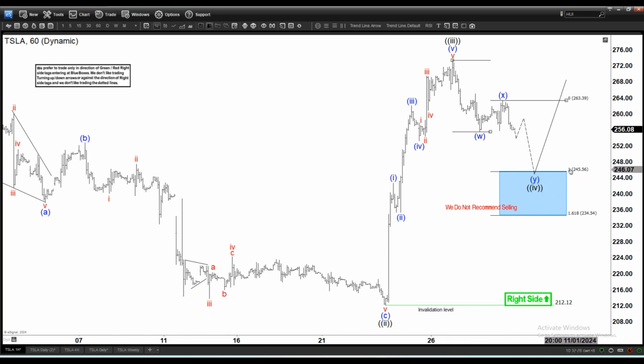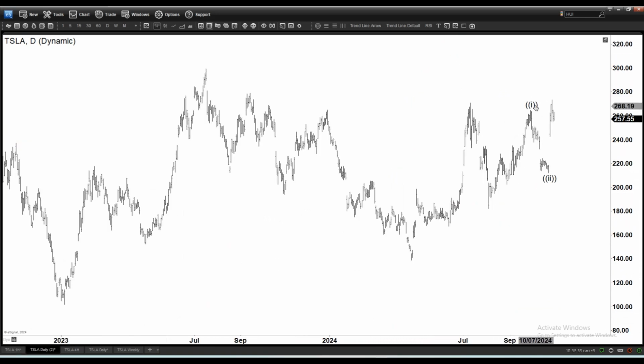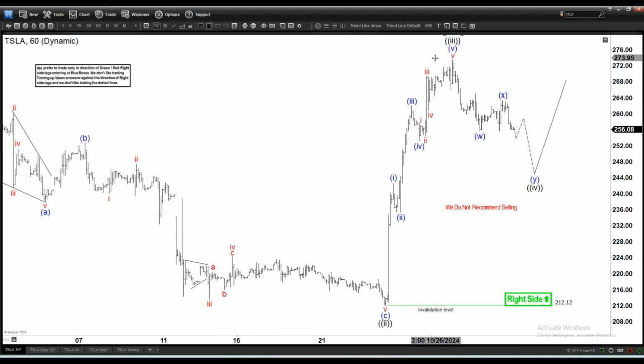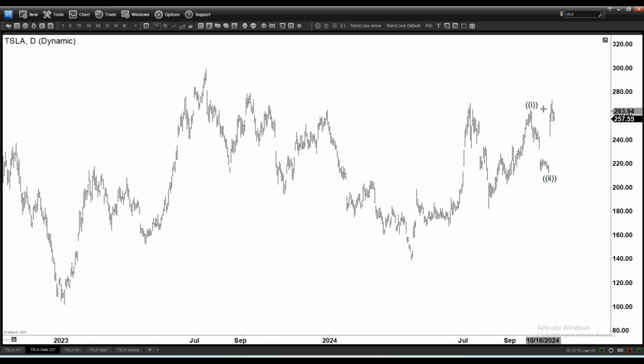Now let's add a little bit more and look at the higher time frame. If I look at the daily time frame, I'm going to be adding this 2 3 4 in black here on the daily time frame, which is this one. This is 1 2, and then basically we are seeing the 3 already ended here as well. Now this is a very interesting structure here, guys.